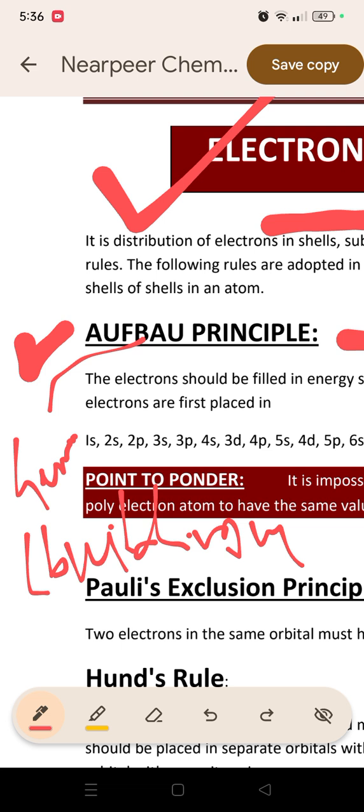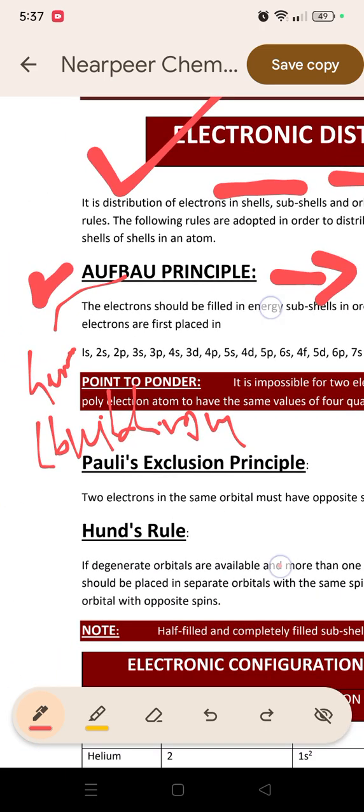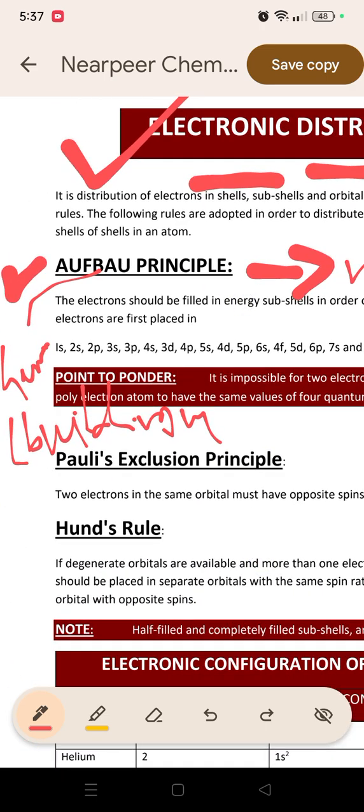This is a modification of Pauli's exclusion principle, so before we go with Aufbau's principle, we need to know about Pauli's exclusion.